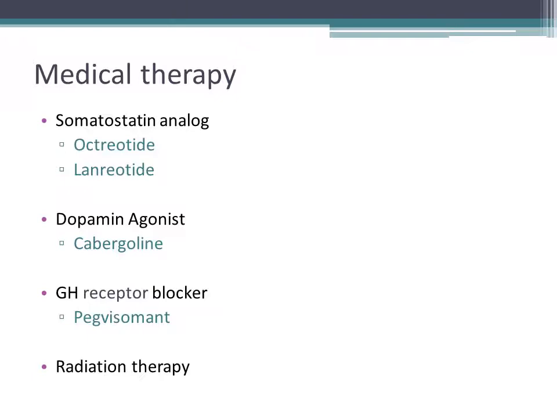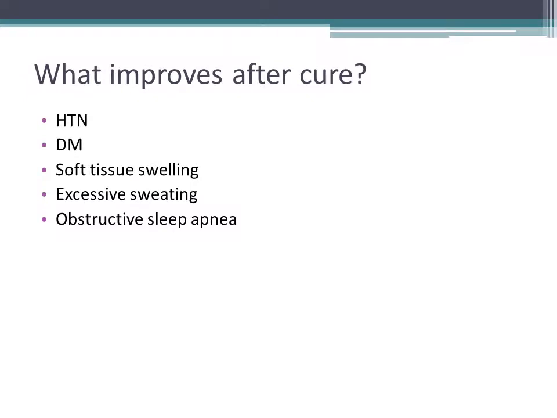In general, pegvisomant is not commonly used, so we revert to radiation therapy sooner. And radiation therapy will take at least a year to show its effect. So we have to plan radiation therapy early on if we think that the patient is not going to be controlled by somatostatin analogs.